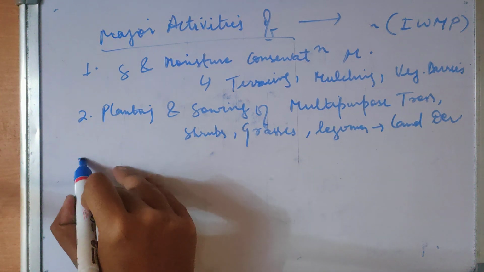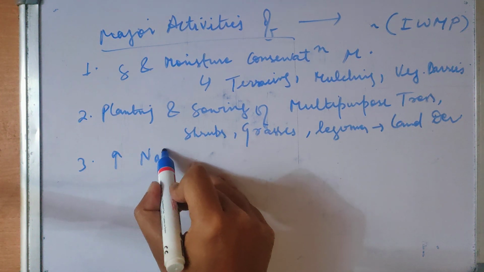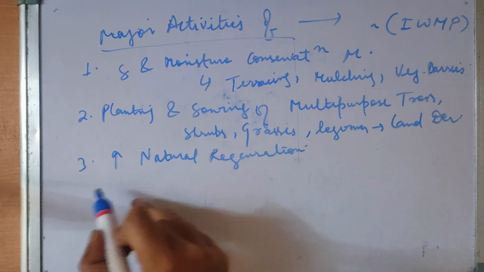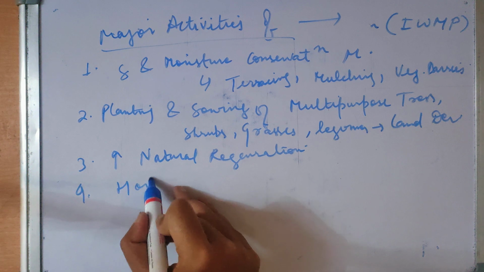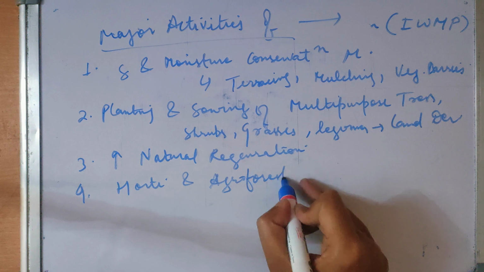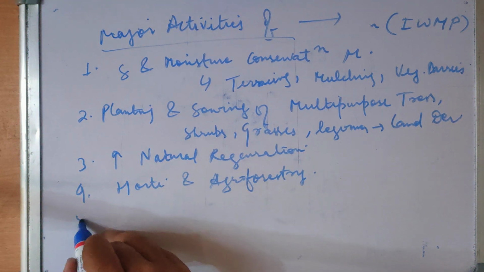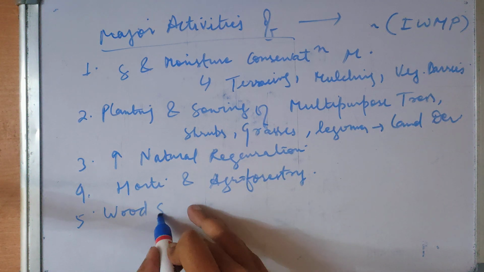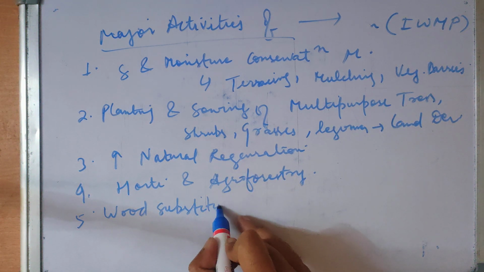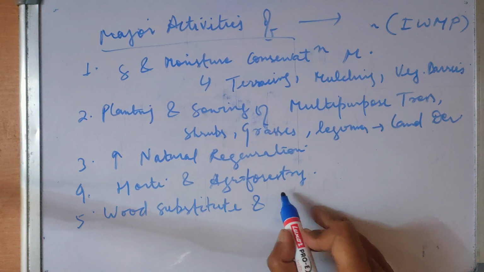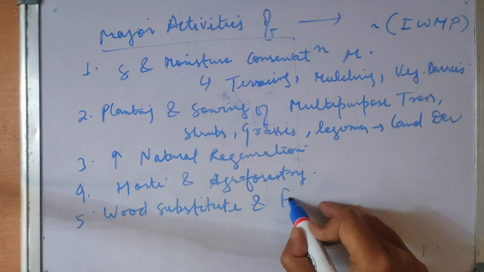Encouraging natural regeneration. Promotion of horticulture and agroforestry. Wood substitution and fuel wood conservation measures. We need to substitute wood so that our trees are not destroyed, so reduce deforestation.